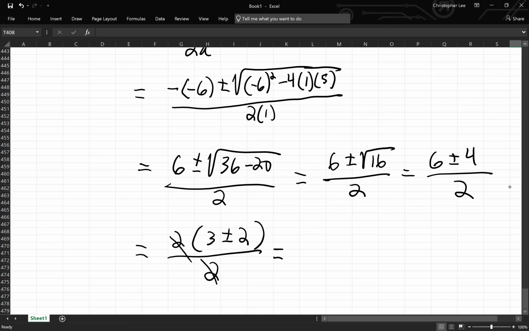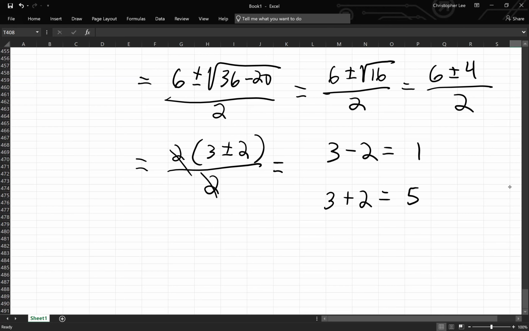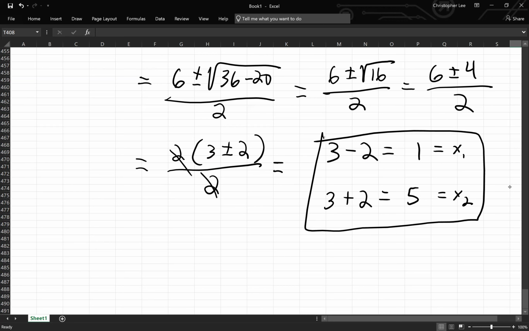So two answers here. You have 3 minus 2, which is equal to 1. And then you have 3 plus 2, which is equal to 5. Then we could just call this x1, call this x2, and I'm good to go. That would be my answer. That's it.